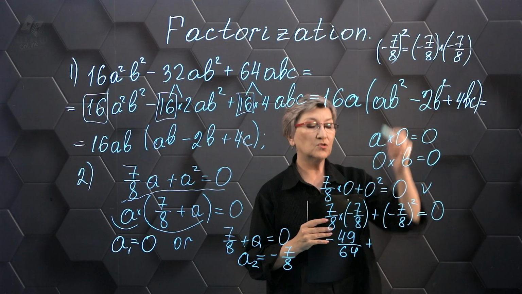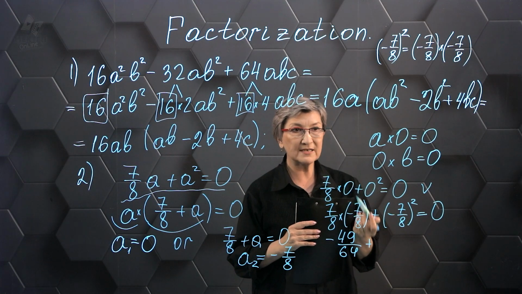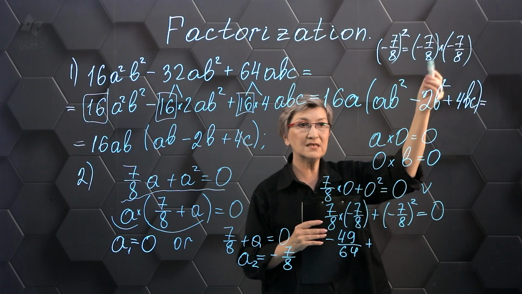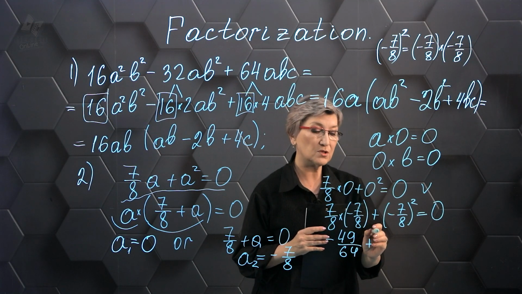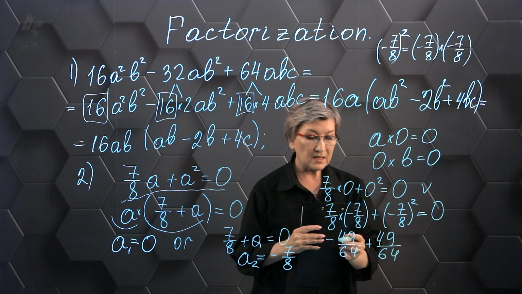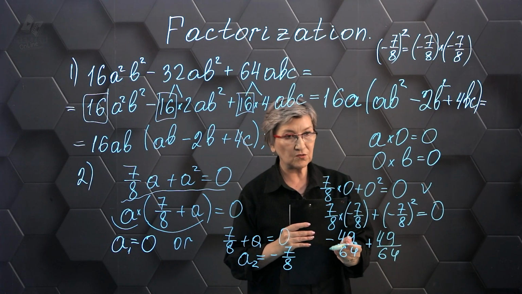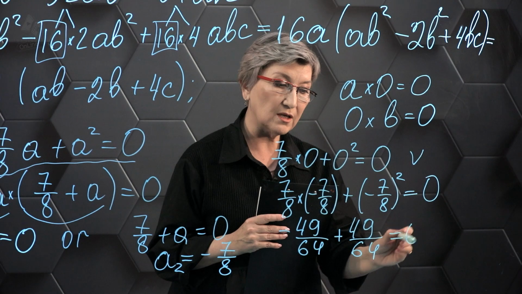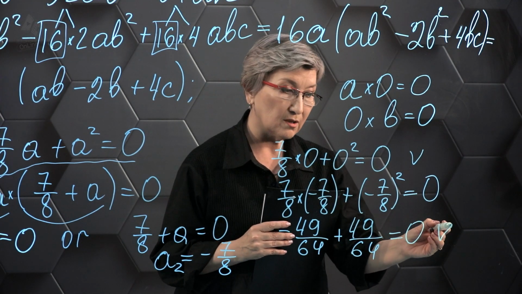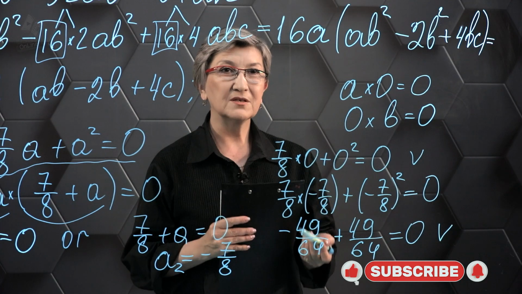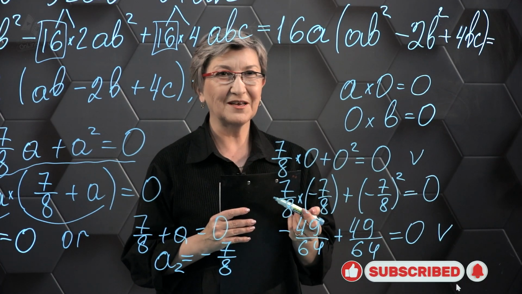Minus 7/8 times minus 7/8 equals 49/64. A negative times a negative will be positive, a plus sign. If I add negative 49/64 with 49/64, the result is 0. We have achieved a correct equality. So we solved this equation right.